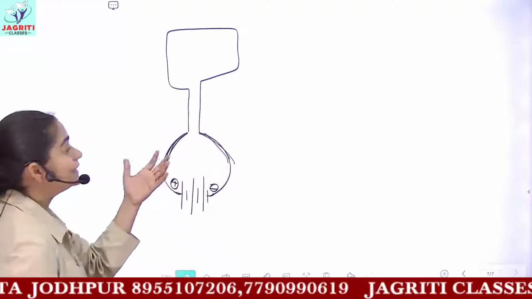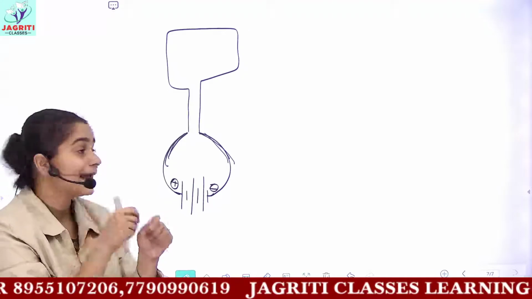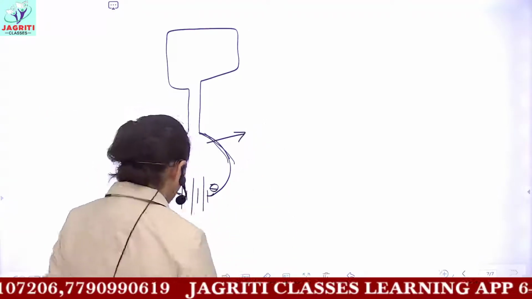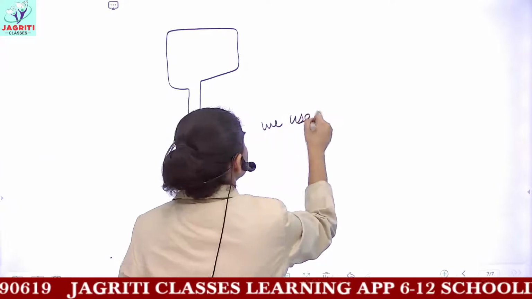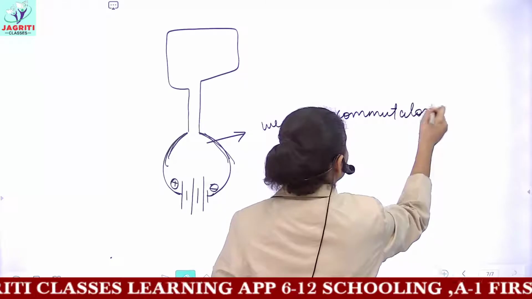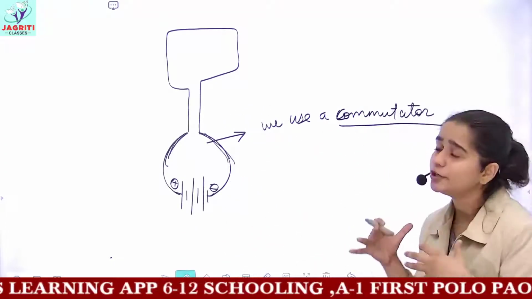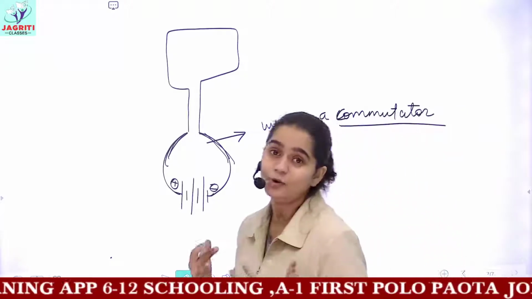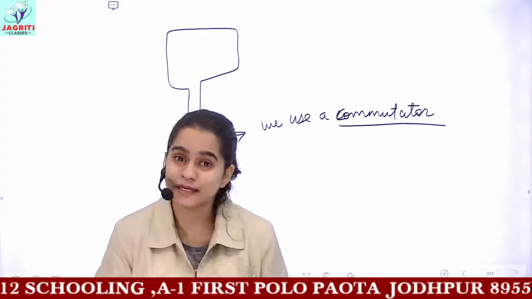So to prevent this condition, that is to prevent the wires from getting tangled or crossing each other, what we do is we use a commutator. So I hope this is clear.